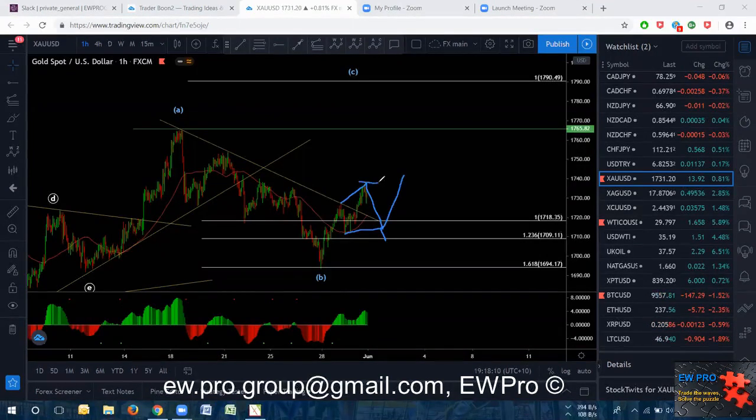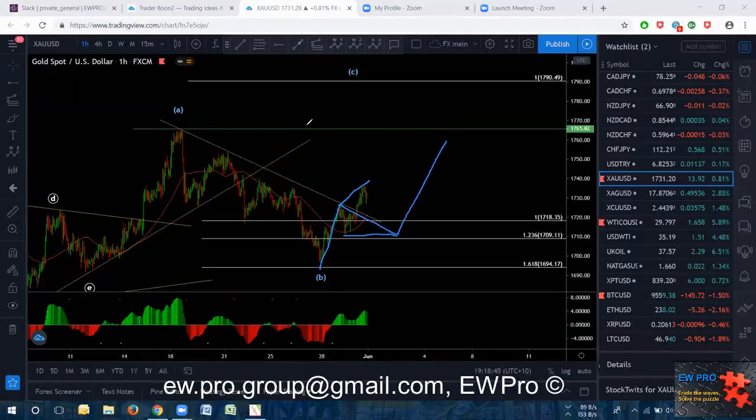The safest option is to put a buy stop just above the top, but you have to wait until you get that C down for the A, the B, and the C. You have to wait for that C and then put your buy stop at the top. That's the safest way. And then you get the larger A, B, C, and we get a flat in here.